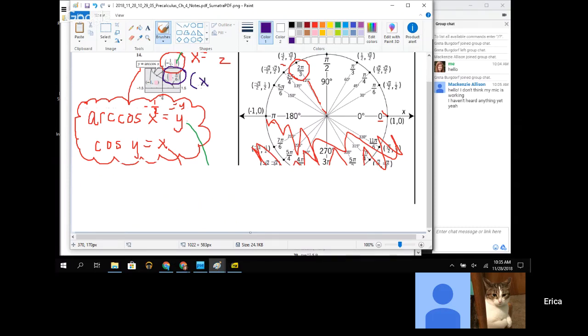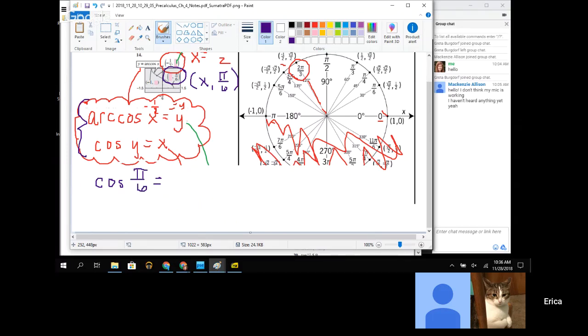So this is some x at pi over 6. I can use either one of these things, and I have a y term. So what is the cosine of pi over 6?